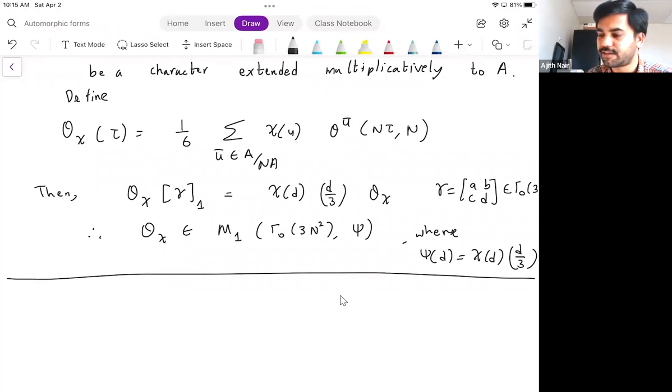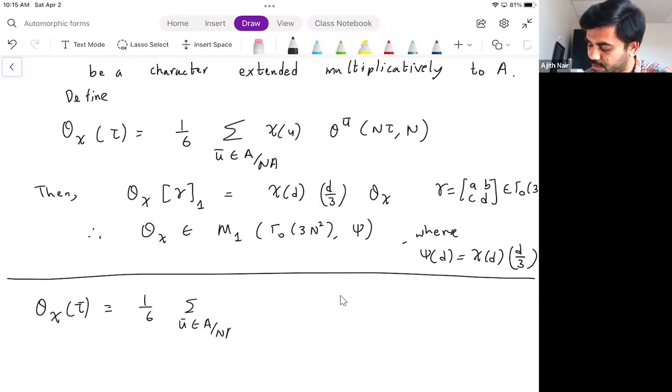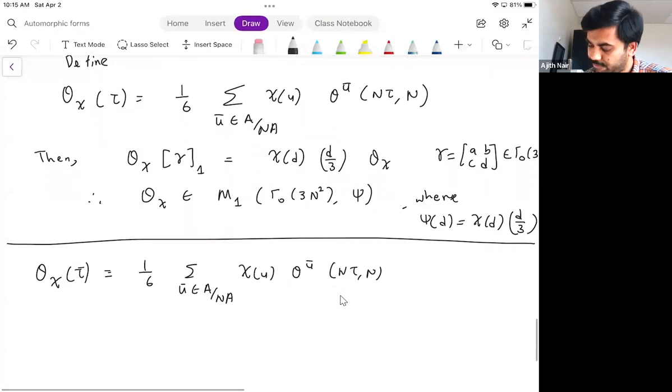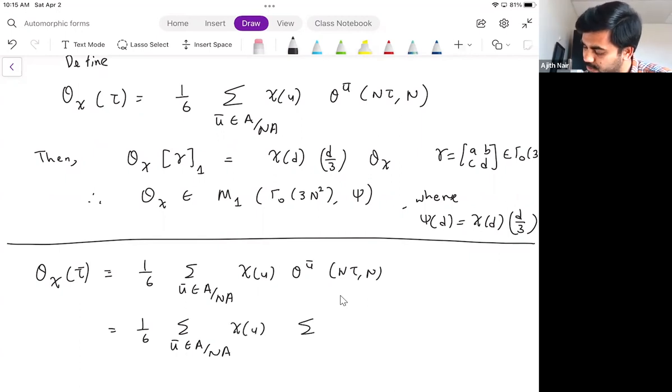So the definition of the theta function was already there: the sum over U bar inside A mod NA, chi of U, theta U bar, tau comma n. If I expand the definition, this was the summation over n belonging to A, e to the power n times U over n plus small n squared n tau.